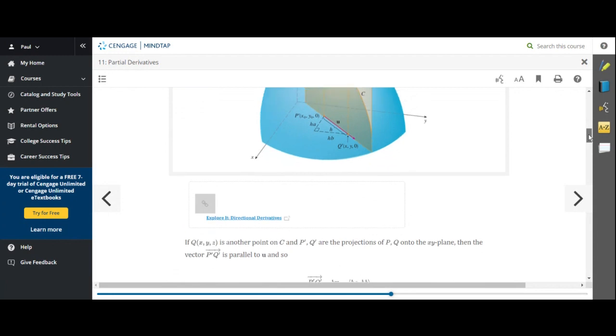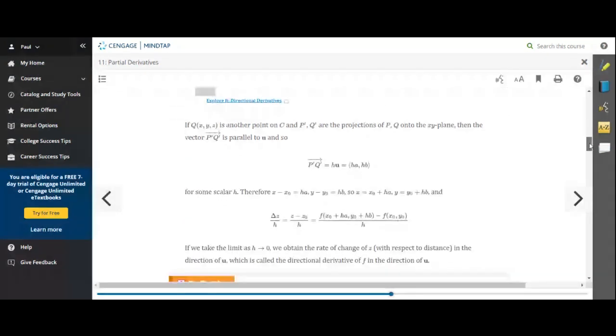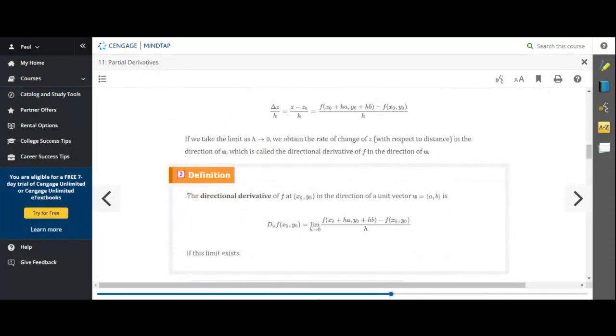So formally, the directional derivative of a function at a point in the direction of a unit vector u would be given by this formal definition here. You see there how you're letting both x and y vary?